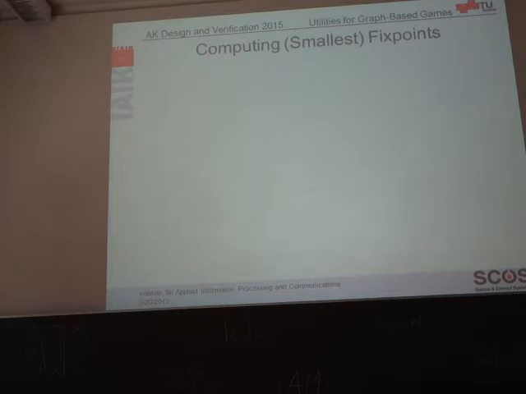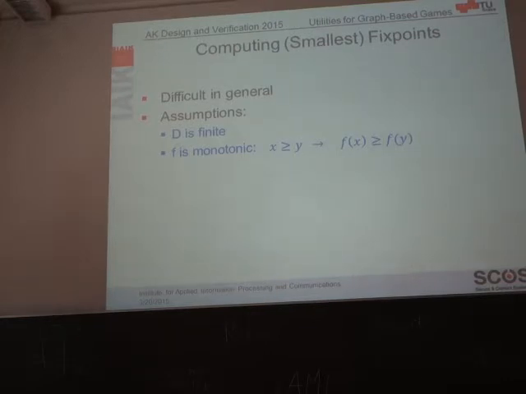The question is now, how can we compute such fixed points? I would say this is quite difficult in general, depending on how our function f looks like. But independent of how our function f looks like, we can compute such fixed points quite easily by just evaluating the function f for different values of x. And this we can do in a quite straightforward way if two assumptions are satisfied.